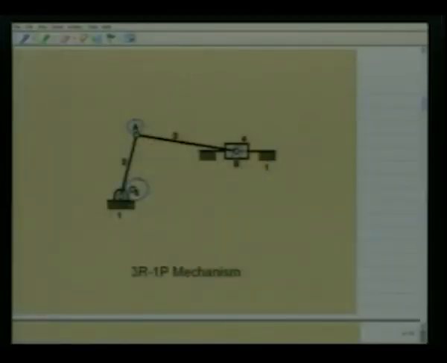Such a mechanism has 3 kinematic dimensions, namely O2A, which is called the crank length, represented by say L2, AB, which is called the connecting rod, whose length is represented by say L3, and the line of reciprocation of B is at a distance from O2, and this perpendicular distance is called the offset.